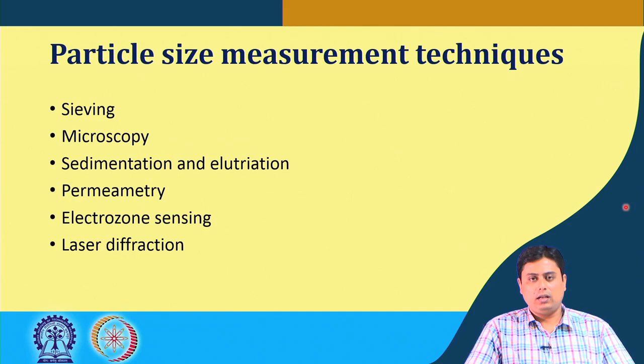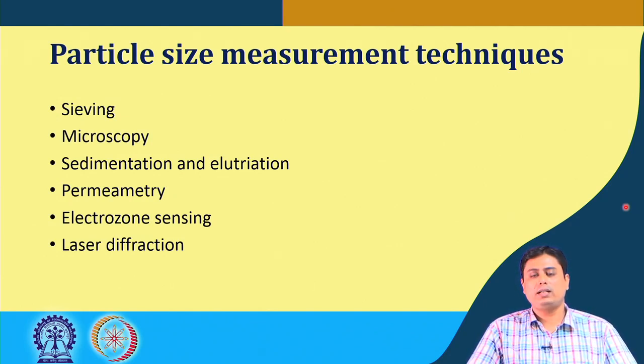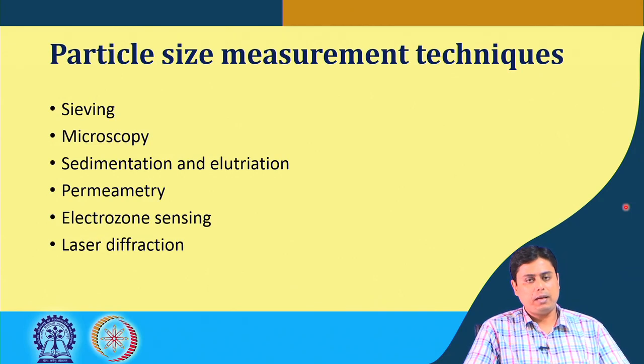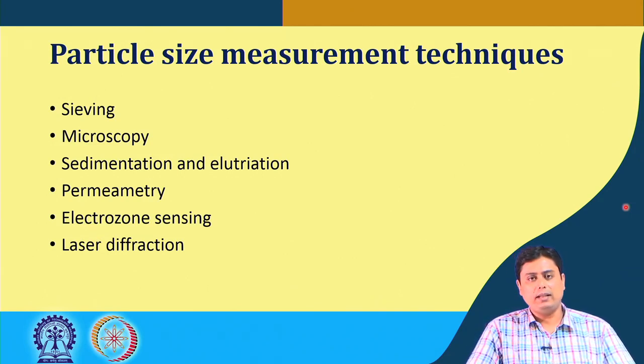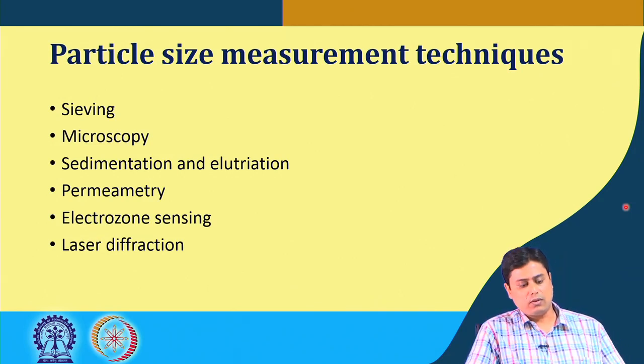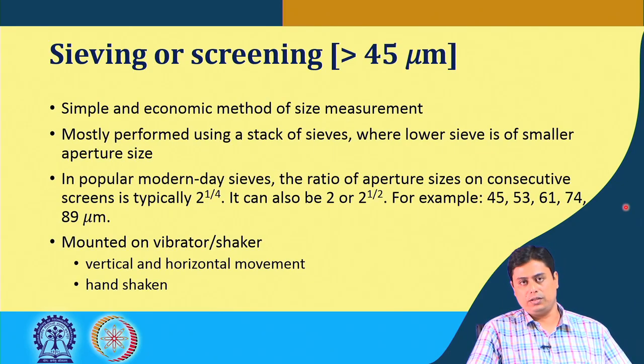We will come to that in due course, but let us at first focus on the overview of these techniques, which will help us to understand how such particle size and shape sometimes can be determined. So, first of all we will start with the sieving methodology.